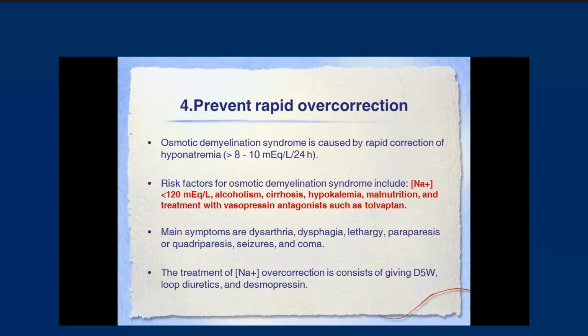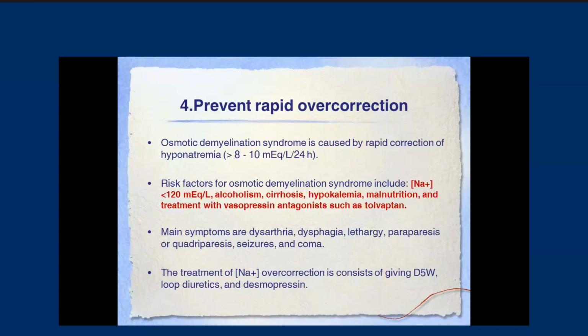Like in adrenal insufficiency, when we administer glucocorticoids, that may result in an easy correction of the sodium level that may result in a rapid overcorrection. Those patients with hypovolemia, as I mentioned earlier, the sodium level can be reversed with hydration only. So these patients are prone to overcorrection.